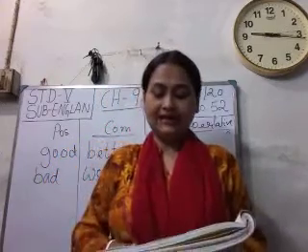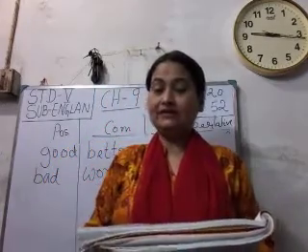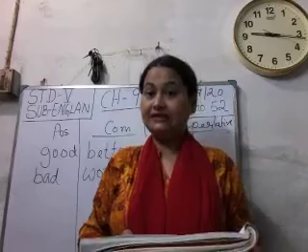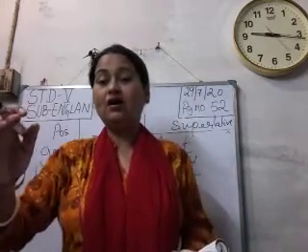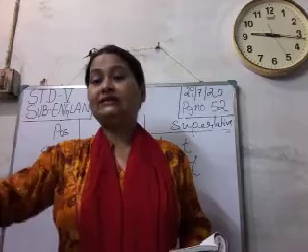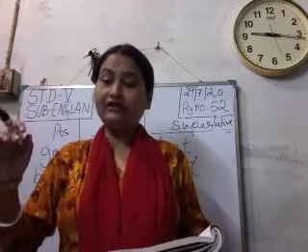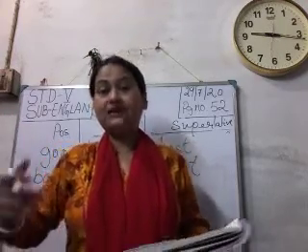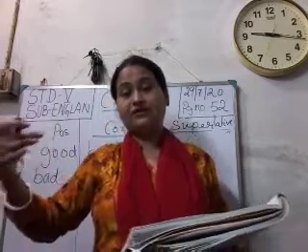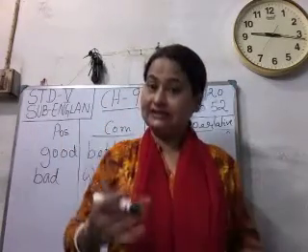Now here see, old, older, oldest. When we talk about age, then we say old. Suppose this building is older than that building. Here we are talking about age. Now when we talk about relation, suppose I am talking about the relationship between a boy and a girl, maybe they are brother and sister.